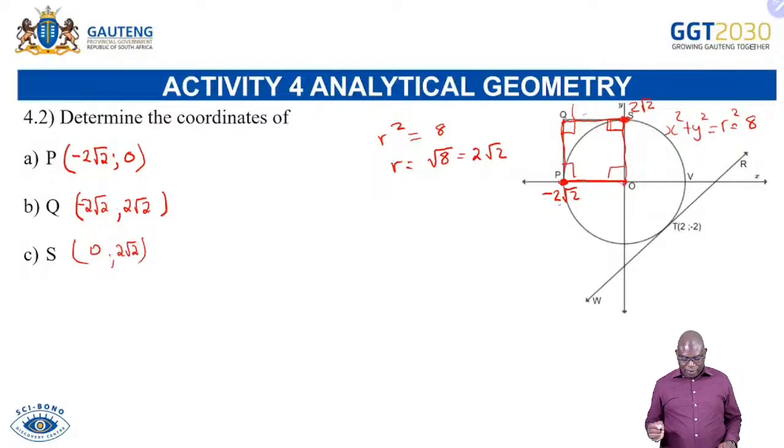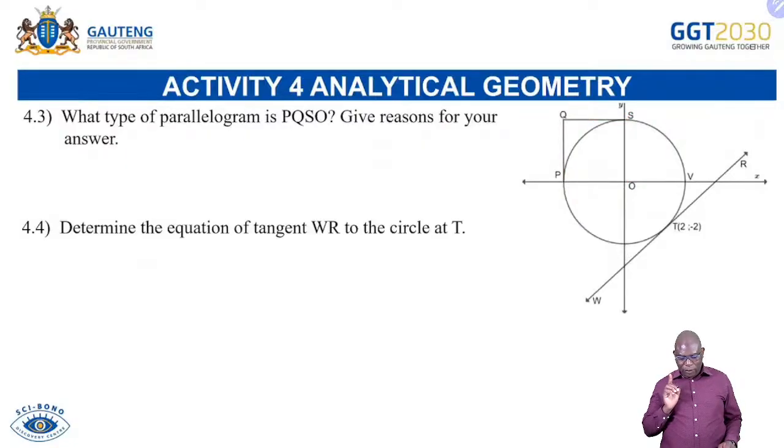Now I know what the next question will be: what type of parallelogram is PQSO? I love it. This angle we already said is 90, that one is 90, that one is 90. That one is obvious, it's 90. The distance from here to there is 2 root 2.